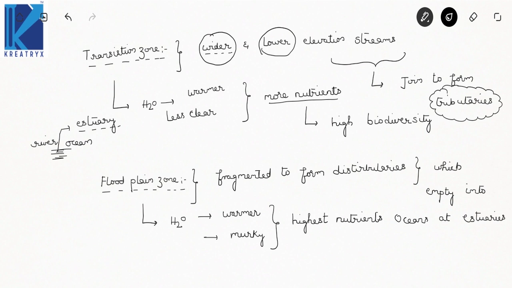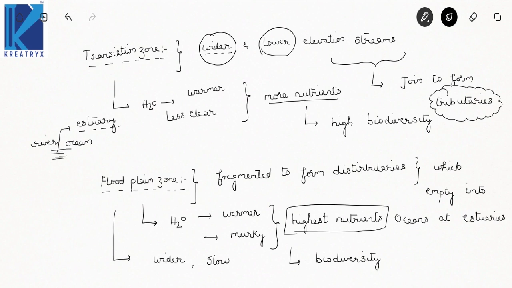Now these channels are wider than transition zones. And river flow is relatively slow, and already we have discussed this. These are with high nutrients, so automatically biodiversity will be good. Now these are the zones of rivers and streams.